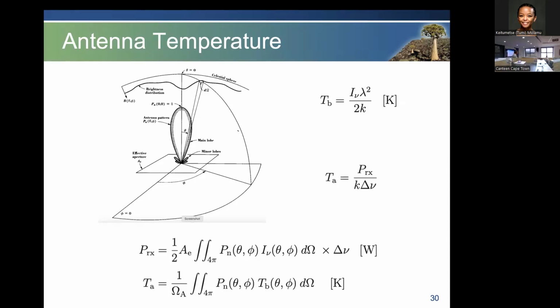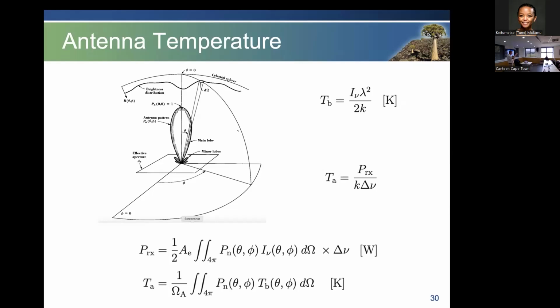Now, this is why it's nice to use temperatures instead of powers and intensities, because when we substitute the powers and the intensities with temperatures, the bandwidth disappears, and you use the little identity we had earlier about AE times omega A equals lambda squared. What you end up getting out in the end is that the antenna temperature is 1 over omega A, which is the beam solid angle, multiplied by that integral.